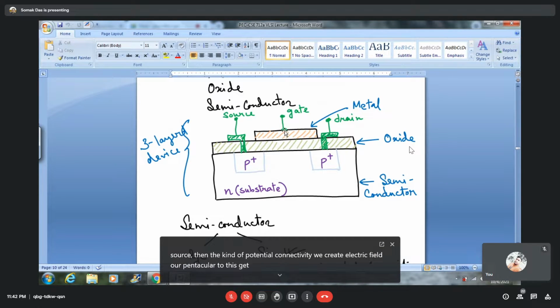So the electric field which is perpendicular to this gate layer ultimately attracts positive ions from the n-type substrate towards this opening.